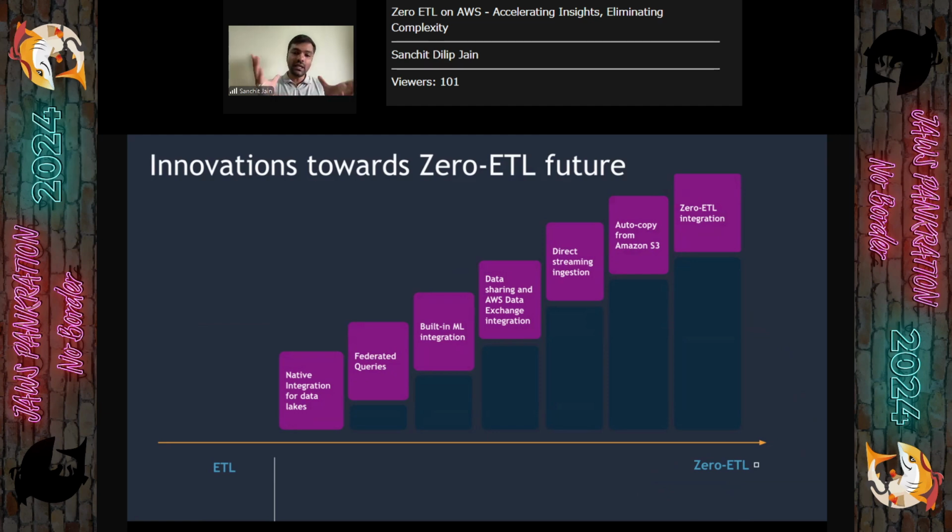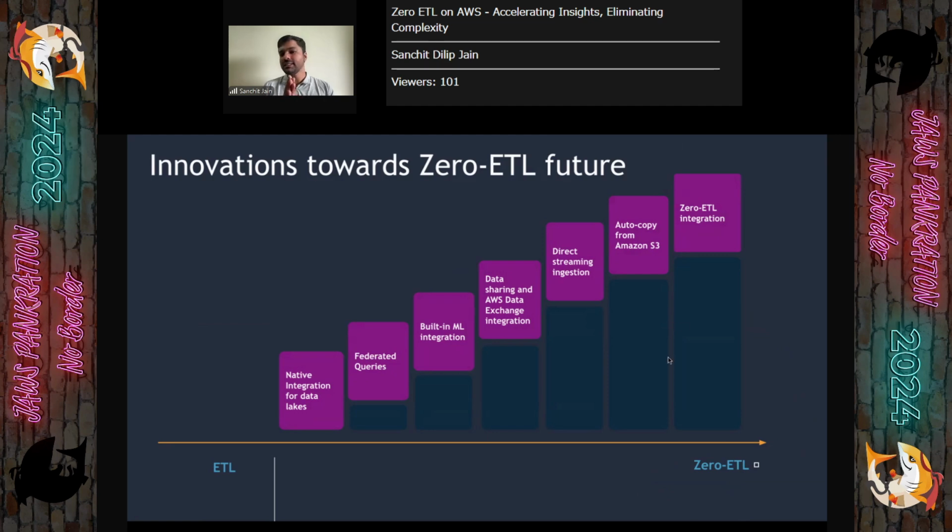So they have extended the zero ETL concept to all the different services. And that's where it simplifies how, in an accelerated form, you can acquire your data, process your data, and make it available for your business consumption, which could be QuickSight, machine learning, or generative AI. It's a game of acceleration and innovation.